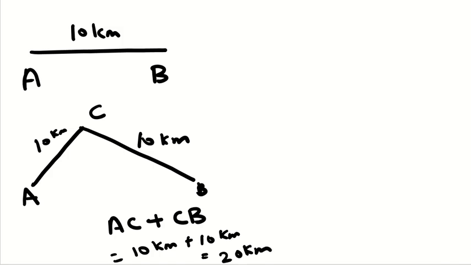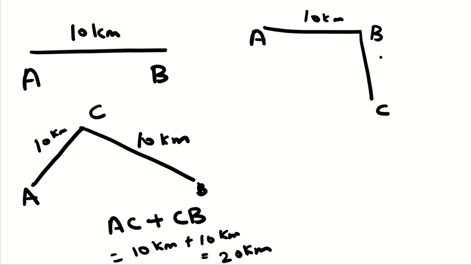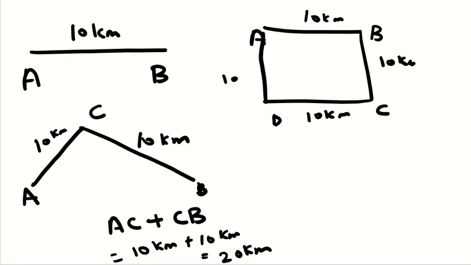Now I will take one more example where a person starts from point A. He travels a distance of 10 kilometer till B. Then he goes to point C, which is again a distance of 10 kilometer. Then he goes around to point D, 10 kilometer, and then he returns back to point A, 10 kilometer.